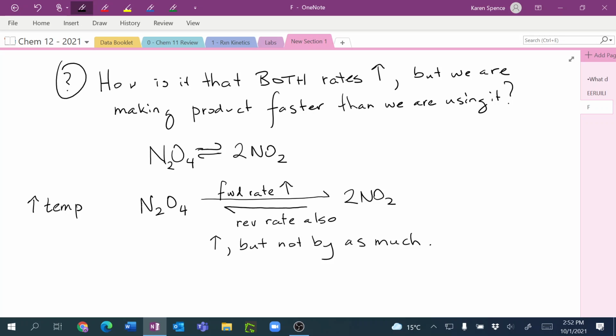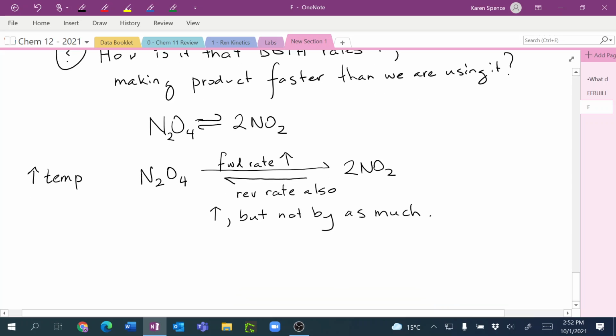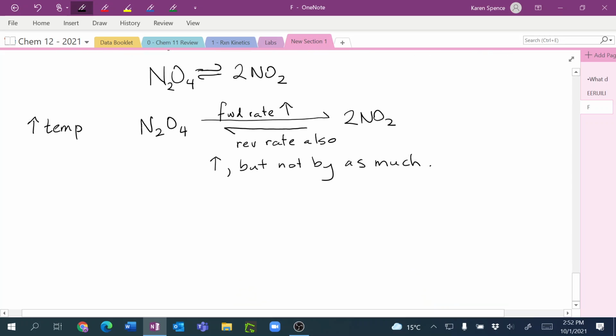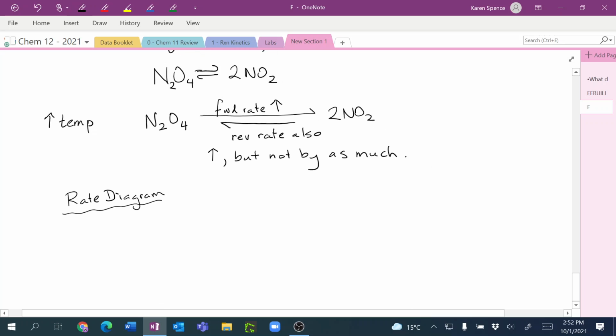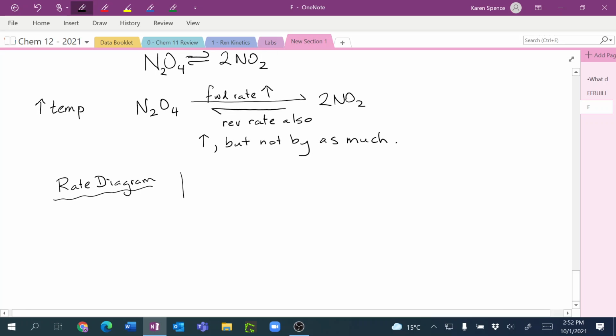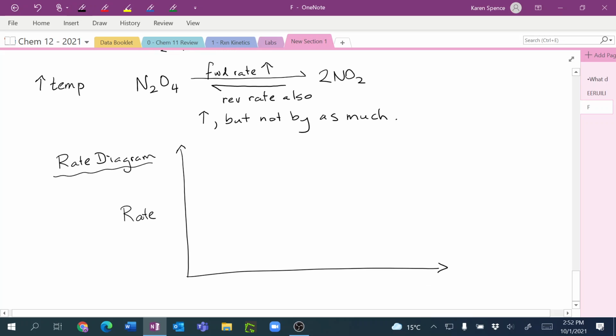And we're going to draw a graph of that now. We're going to draw what we call a rate diagram. So we got rate, and we got the progress of the reaction.